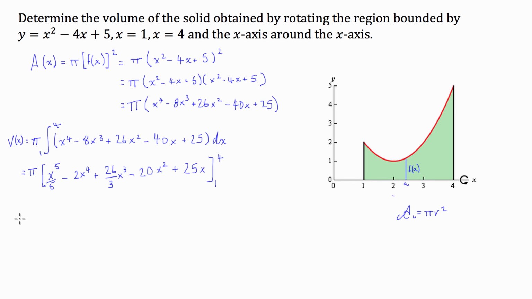So what we find is the volume of this solid is equal to 78 pi over 5, and then we write afterwards units cubed. And that is the solution.